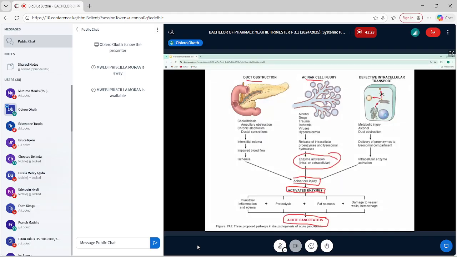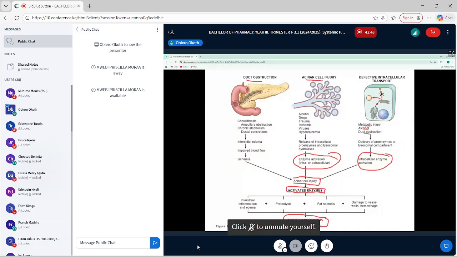Or sometimes you have defective intracellular transport, like metabolic injury, like alcohol, again from duct obstruction. So you have poor delivery of the proenzymes, and when you have poor delivery of the proenzymes, you end up with intracellular enzyme activation. And these enzymes are not supposed to be activated intracellularly, they'll damage the acinar cell. And you'll have again the other downstream effects.